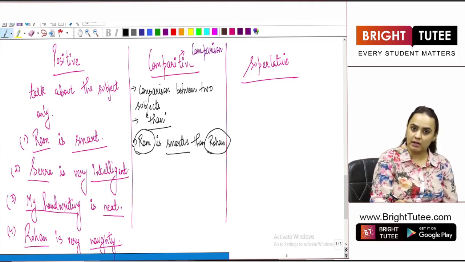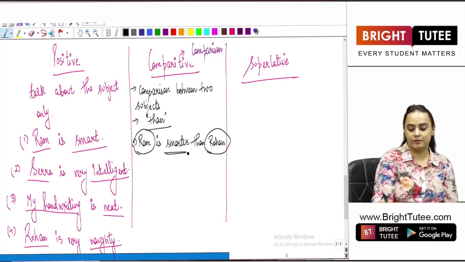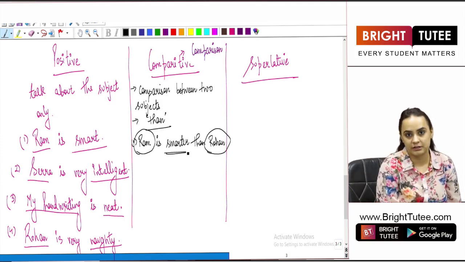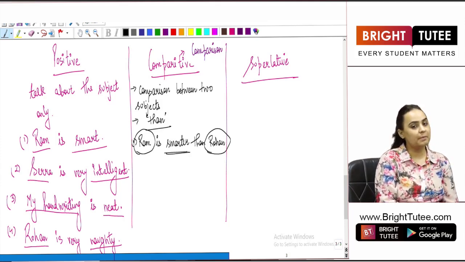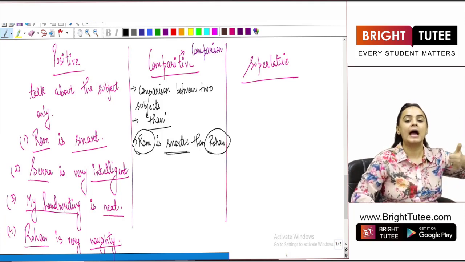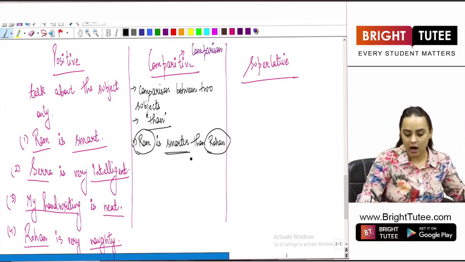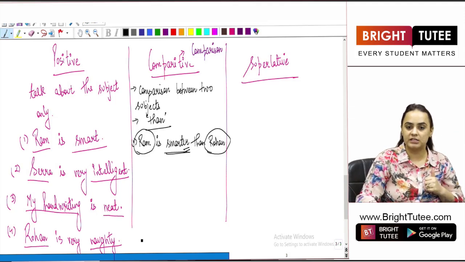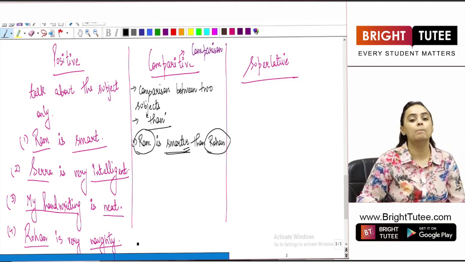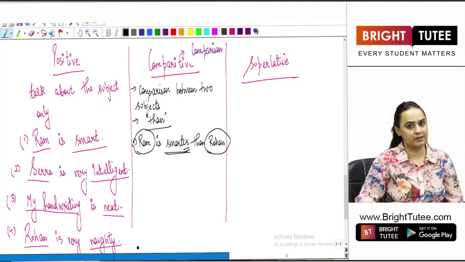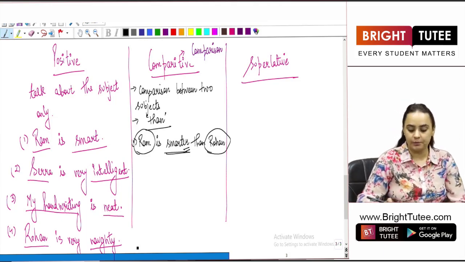Therefore I have used the comparative degree. How do we make the comparative degree? By either adding -er to the end of the adjective or adding "more" before the adjective. That I will tell you soon.